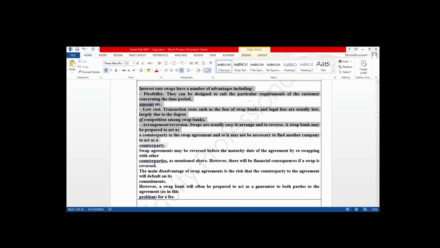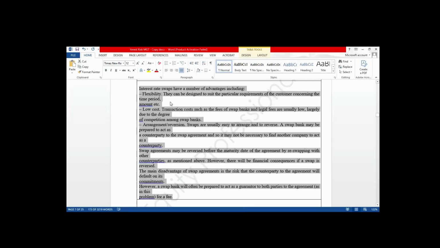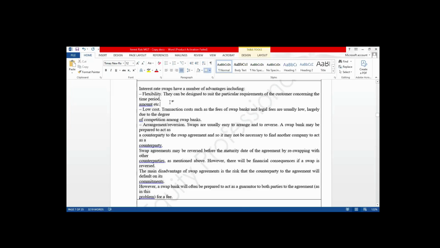Reasons why a company enters into an interest rate swap.